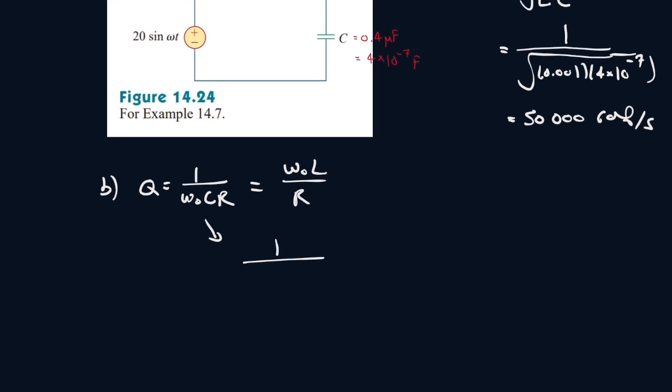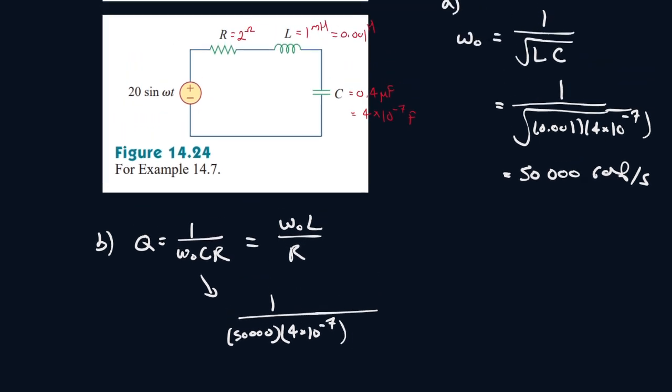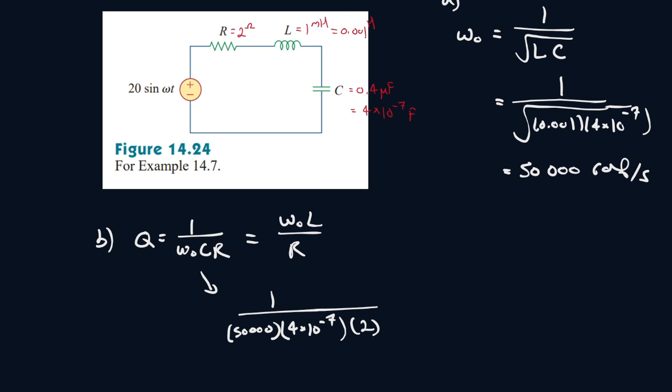So 1 over omega naught times, so omega naught was 50,000. Then the capacitance is 4 times 10 to the power of minus 7, and resistance is 2. And this gives you 25. Oh, and quality factor is unitless, okay?